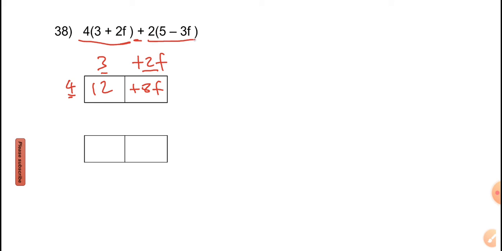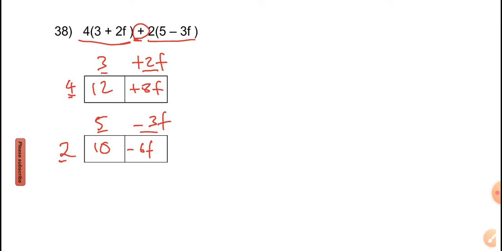And now for this single bracket, I can see 2 outside the bracket, so I write 2 here, and then inside the bracket I have 5 take away 3f, so I'll do 5 minus 3f. So 2 times 5 is 10, and then 2 times minus 3f, well 2 times minus 3 is minus 6, so it should be minus 6f.